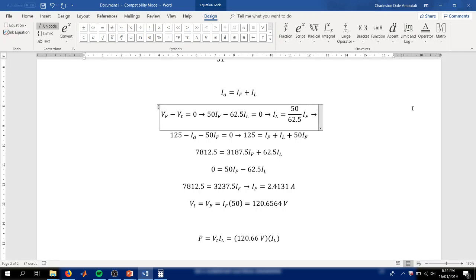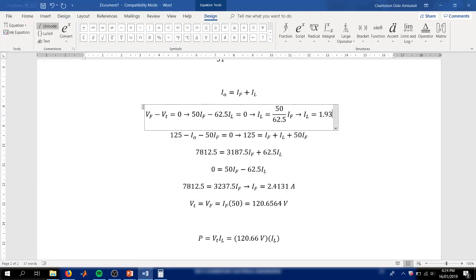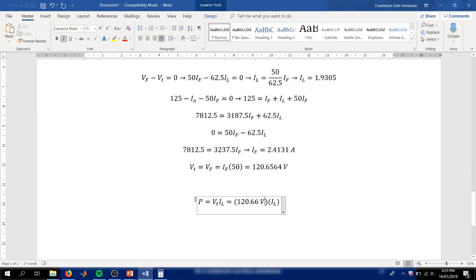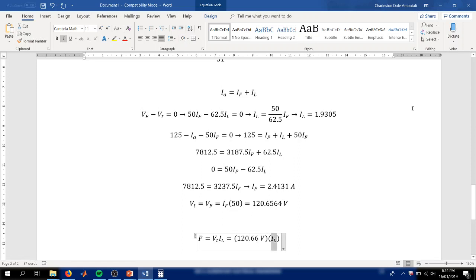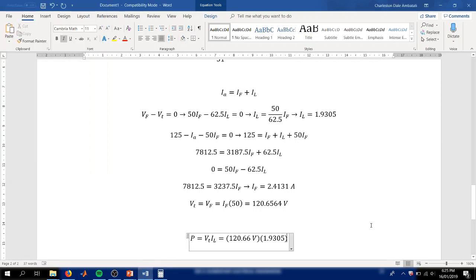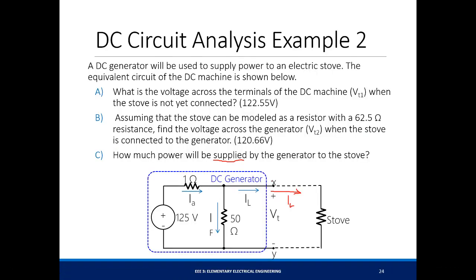So IL is equal to 1.9305. And we can substitute it here. Multiply that with 120.66, you'll get 232.93 watts of power.